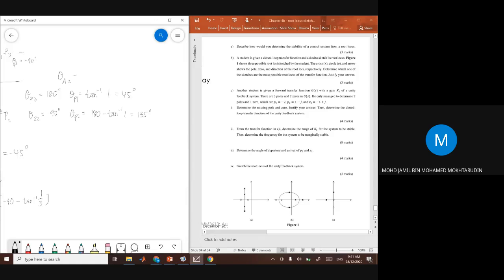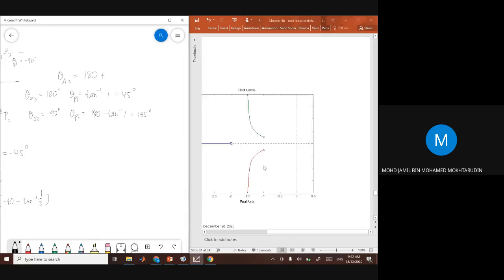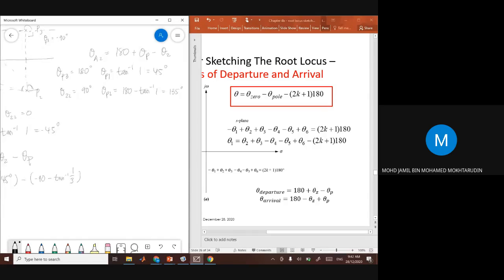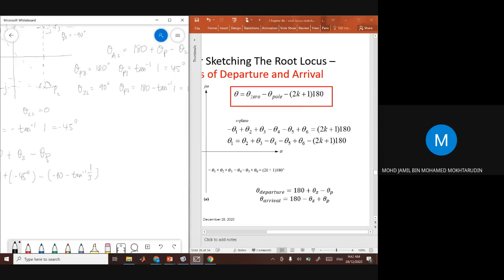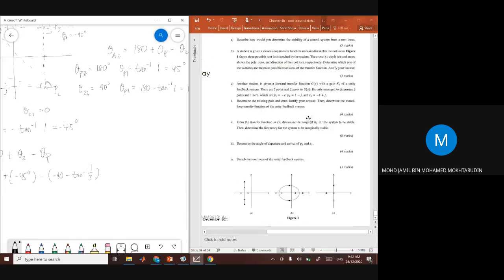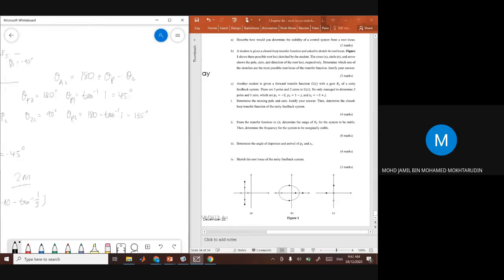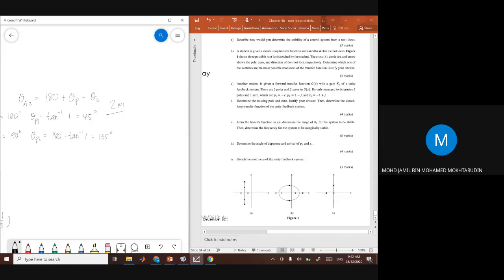Okay, so for the angle of arrival at Z1 it is 180 plus... let me look at the formula again, forgot. Theta P minus theta Z, okay. Okay, so 2 marks for angle of departure, 2 marks for angle of arrival.